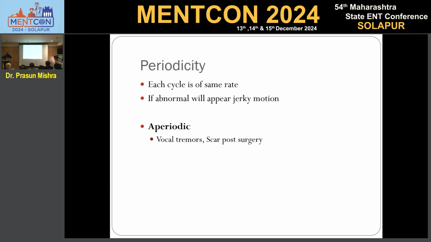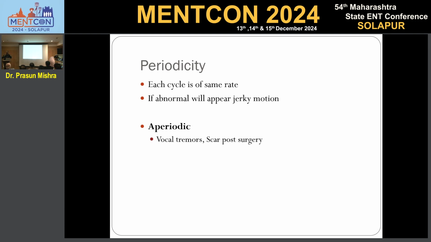Then there is periodicity. It is very difficult to check. To check periodicity, no one can say with authenticity that periodicity is very good or normal, because for periodicity we are seeing whether the waves coming, or the movement of the vocal cord, are happening periodically, equally in time, or not.